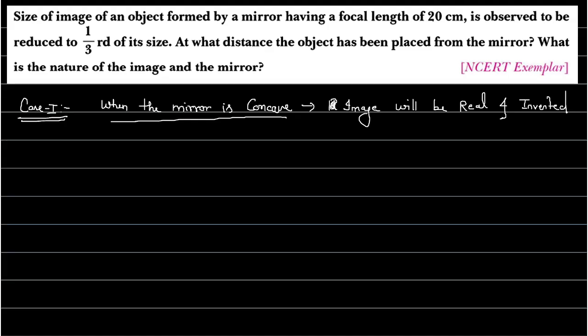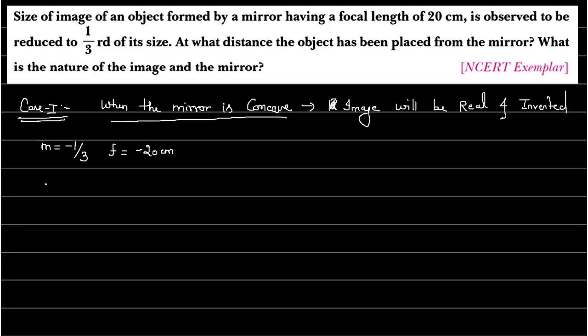So m will be -1/3, and f is given, f is -20. If it were convex, then f would be +20 and m would be +1/3. But now we are taking a concave mirror, so m is -1/3 and f is -20 centimeter.